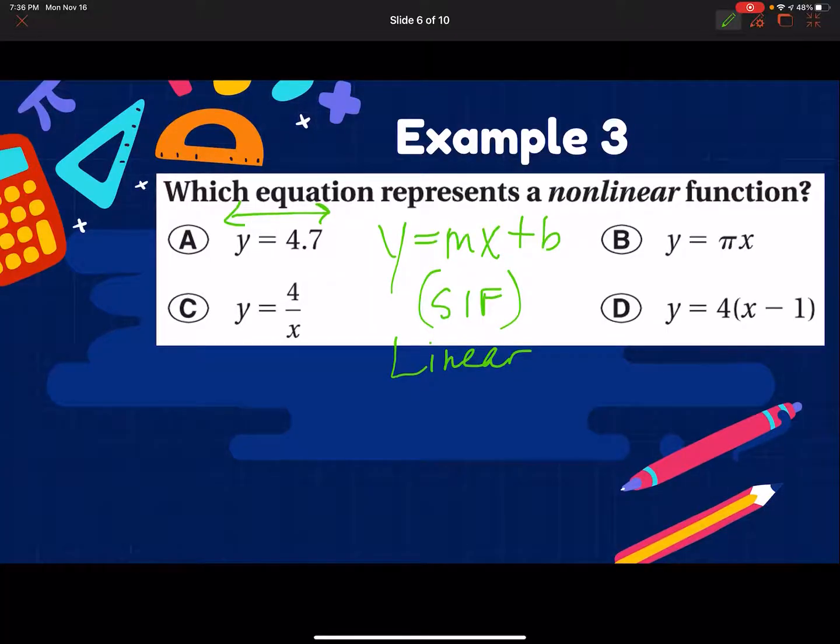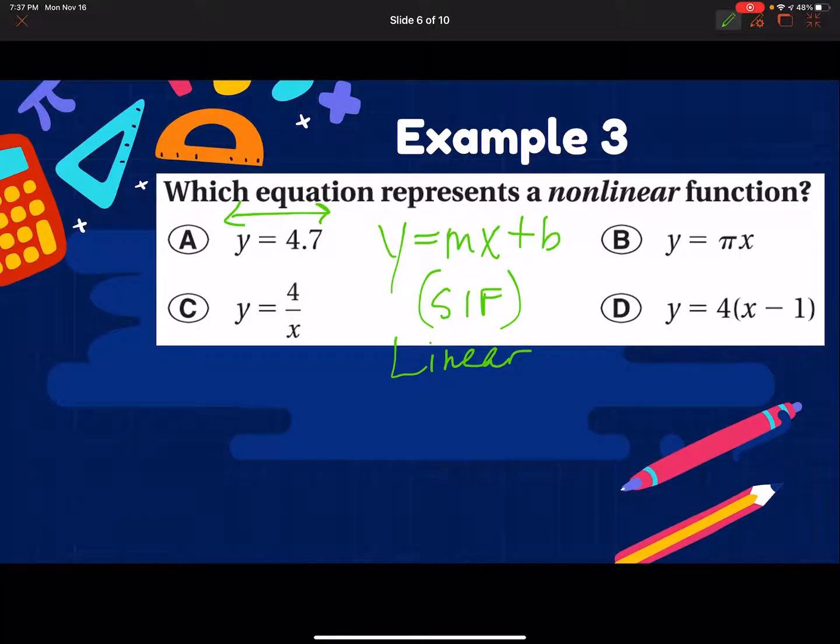Let's look at B. B is in the form y equals pi x. So I can rewrite that equation in slope-intercept form. I could even graph that equation and it would still create a line. So the equation in B is still okay.